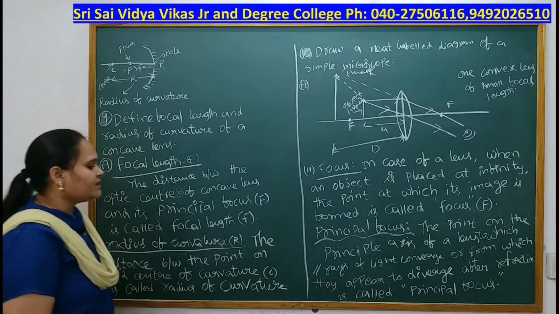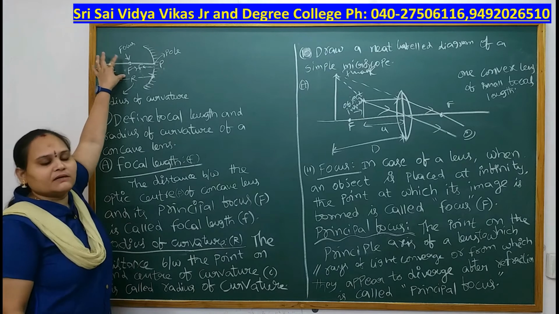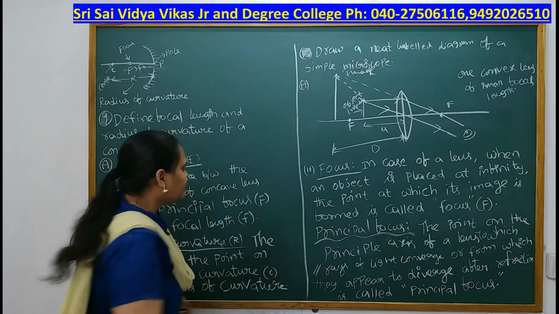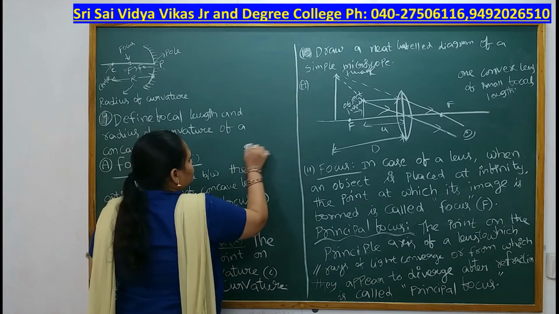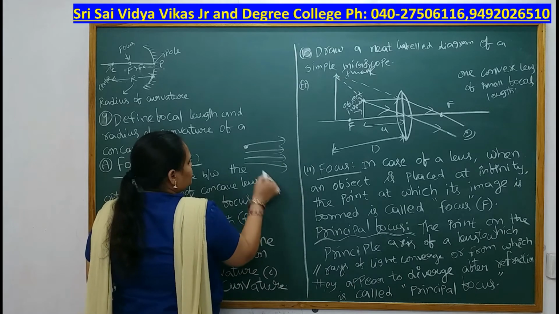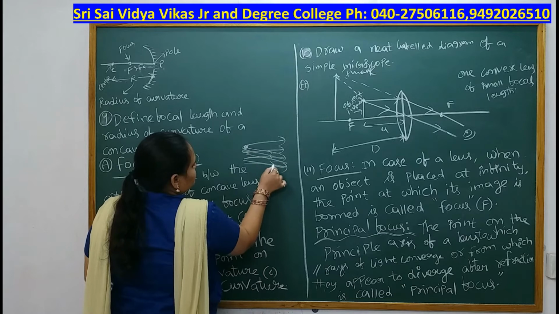That means the point on the principal axis. This is the principal axis, and here we are taking some point. At that point the light rays converge. Convergence means the light rays come together at a single point. Divergence means the light rays spread apart.